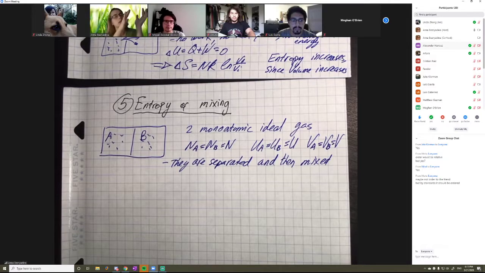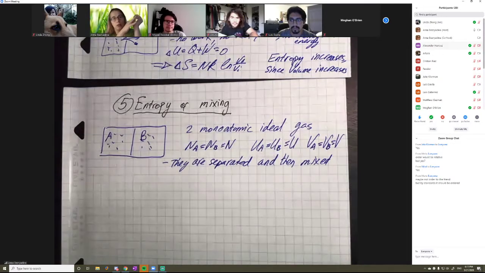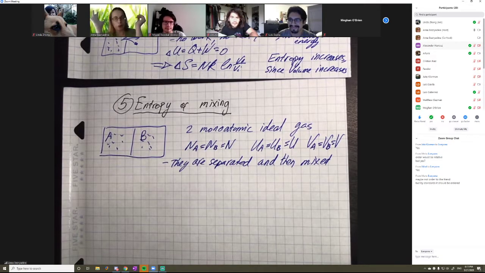Will it want to be in its half area? No. I could see that Miguel said no. It will want to expand and occupy the whole volume. The same with gas B, it will want to expand and take the whole volume. So they both want to expand and take the whole volume.